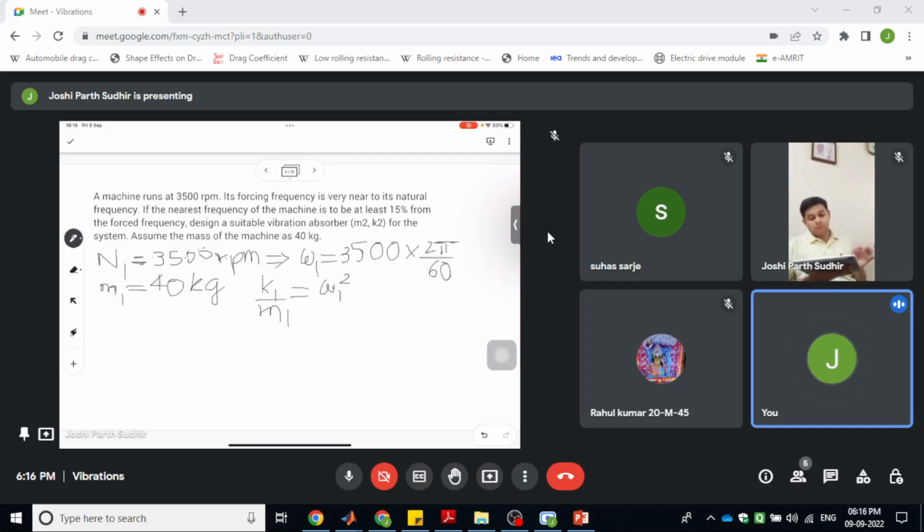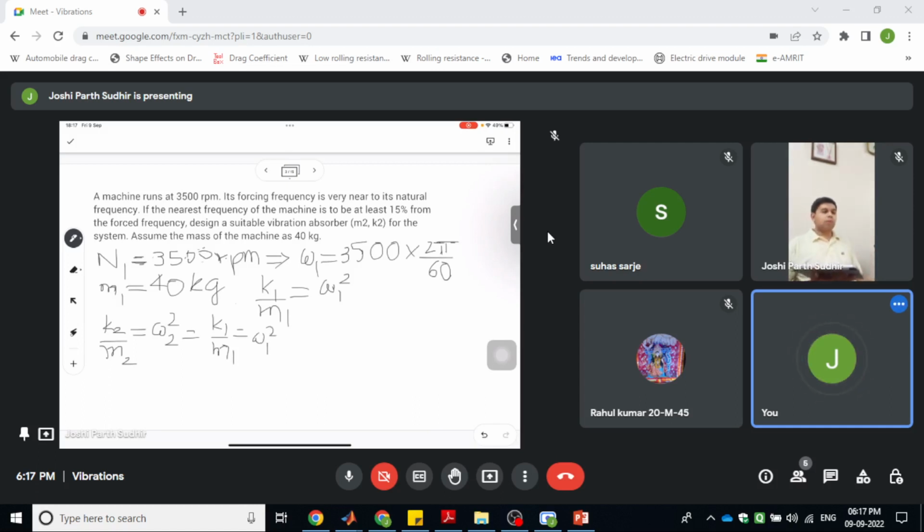Now we have to find out the vibration absorber. The vibration absorber is tuned in such a way that its own natural frequency is the same as the natural frequency of the original machine. So basically K2 by M2, the natural frequency omega 2 square, is equal to K1 by M1, which is omega 1 square.